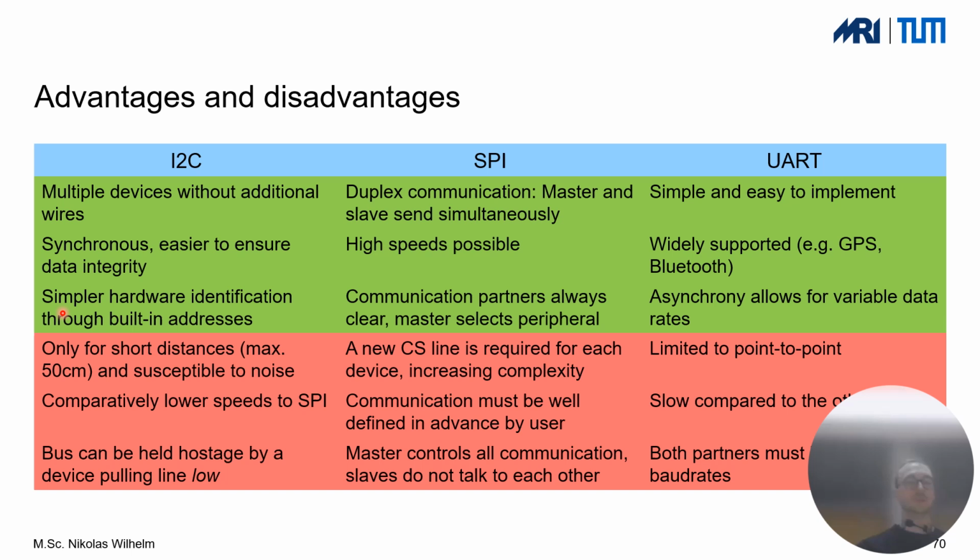So let's look a bit closer at the respective communication schemes and their advantages and disadvantages as a summary. For I2C, this is really nice: we had only 2 additional signals to use per sensor. You should keep that in mind, because if you have a microcontroller and you're using lots of sensors, this might be a good way to go, as you might get limited by your general input-output pins.